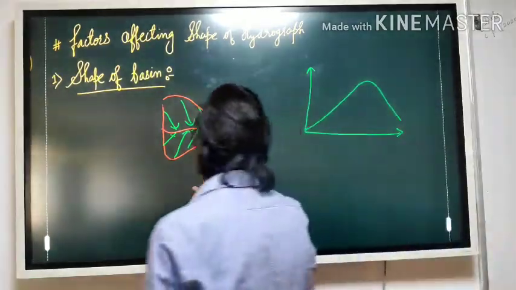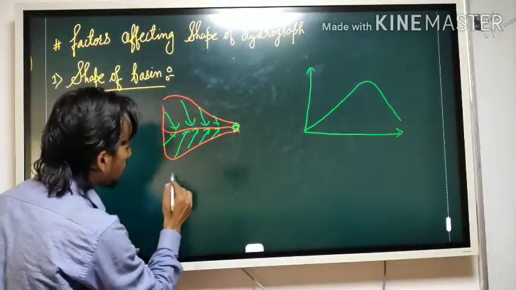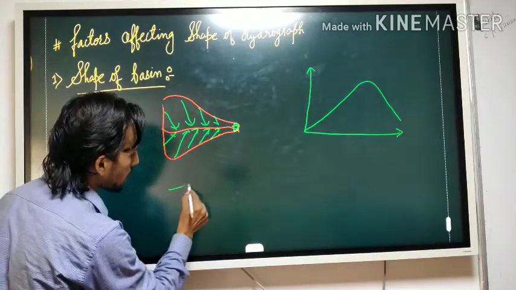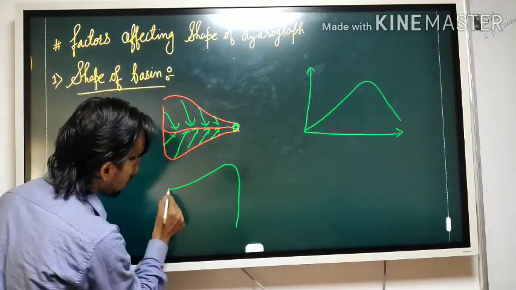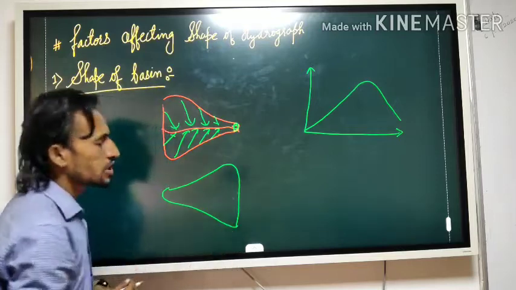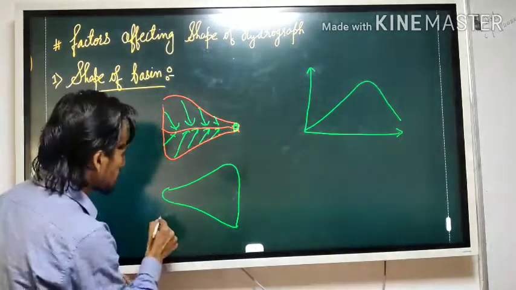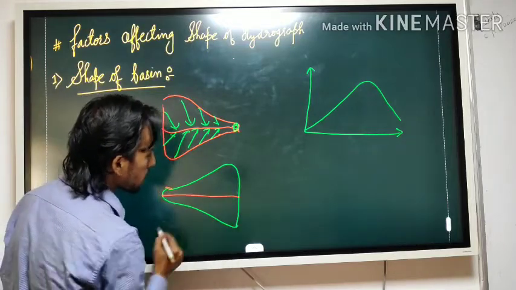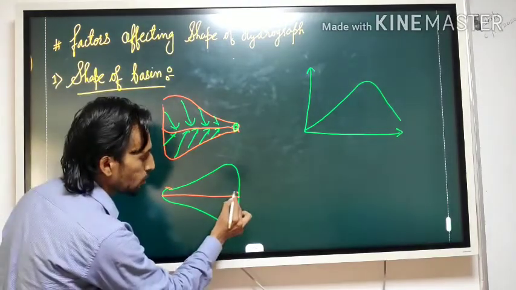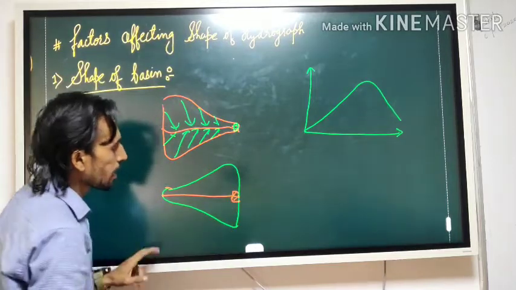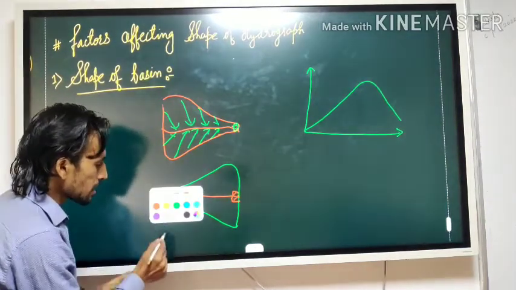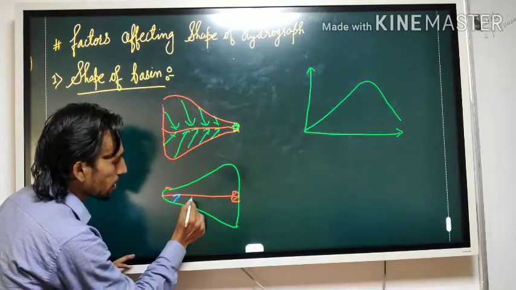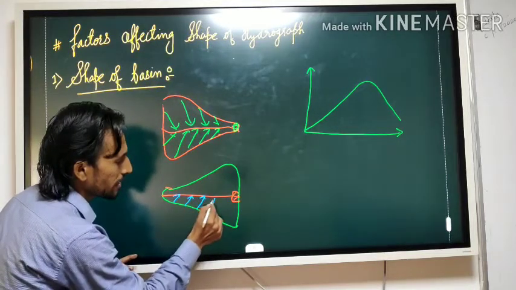But what happens if the shape of catchment is not like this, or rather it is like this? The shape of catchment is like this, and let us say this is your stream and this is your gauge station. If there is precipitation, then water will join the stream like this.